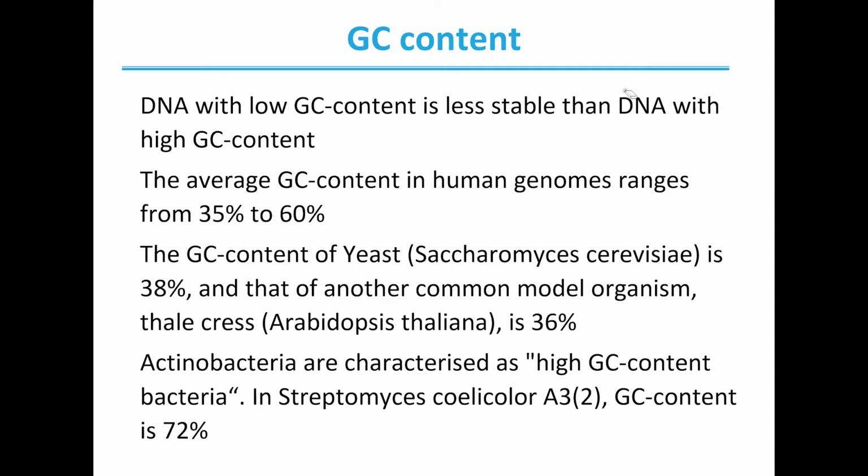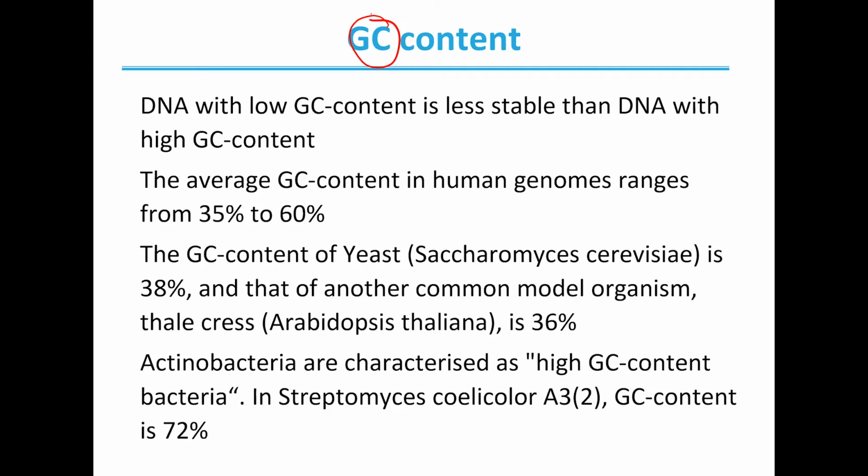This can actually be seen within organisms as far as the full content of DNA when we measure something called the GC content. GC content is just a measurement of how much G and C exists.